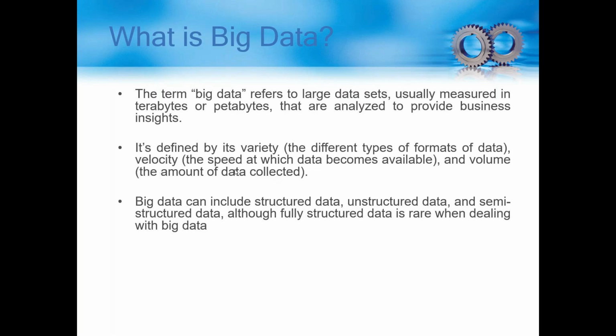These are the beginning days' words, like 3 V's we can say: variety of data, velocity of data, and volume of data. And this big data can include structured data.